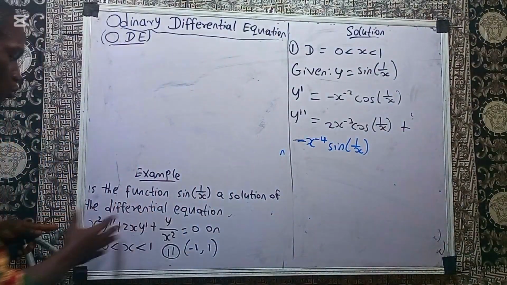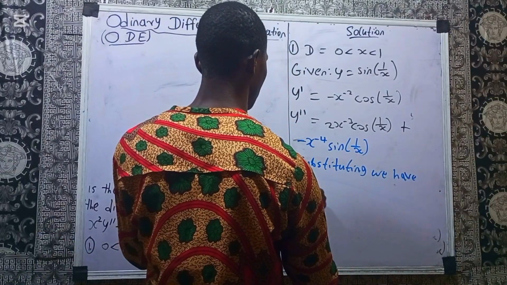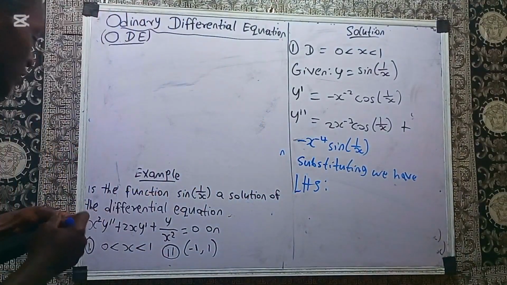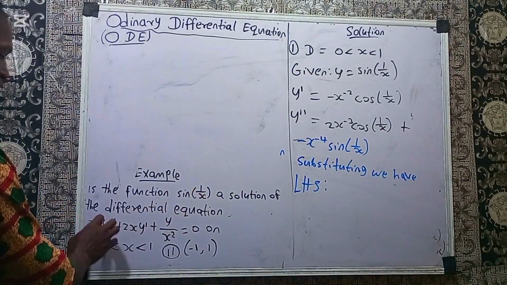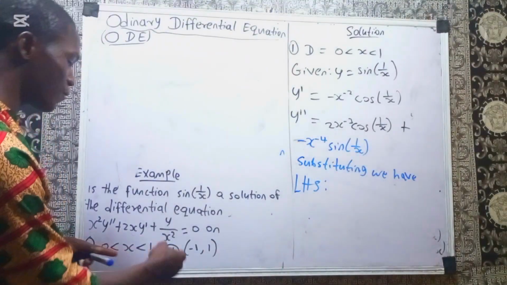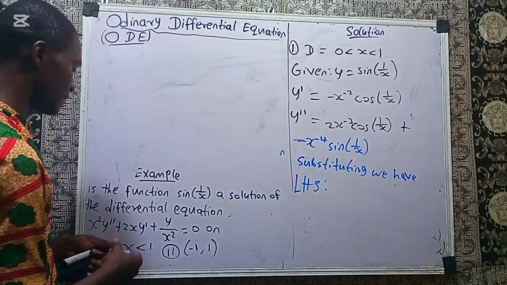So we can substitute. We are going to start with the left hand side. You substitute those values in the left hand side and show that it will give you what is at the right hand side. What is at the right hand side is 0. So let's write what we have at the left hand side.